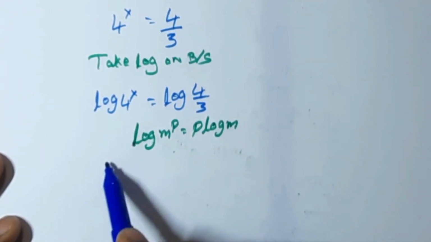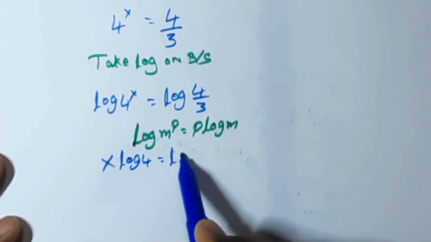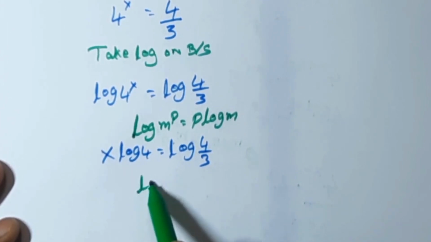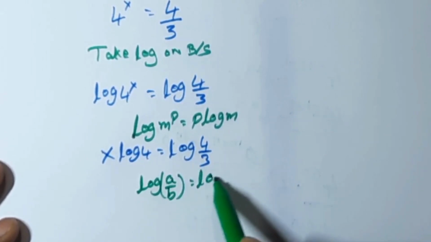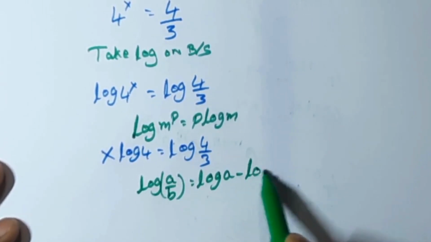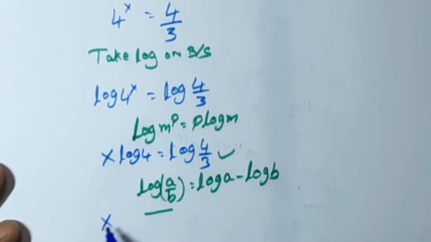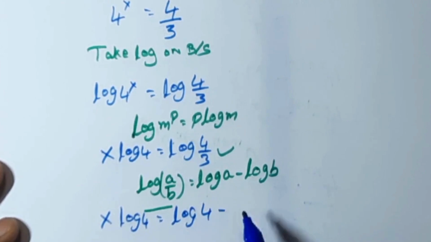So x log 4 equal to log 4 by 3. We know the formula that log a by b equal to log a minus log b. We are going to apply this here. So x log 4 equal to log 4 minus log 3.